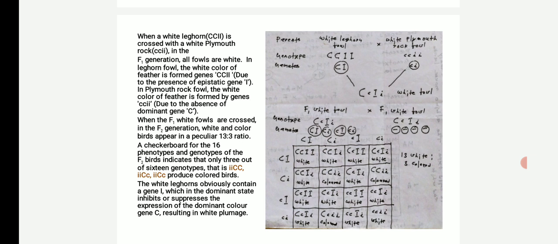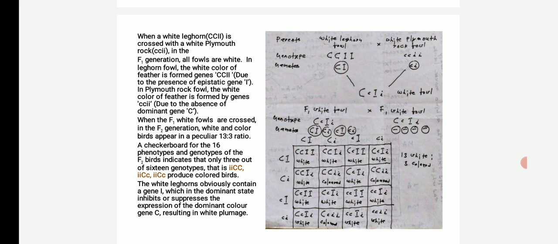In leghorn fowl, the white color of feather is formed because of genes capital C, capital I. In Plymouth Rock fowl, the white color of feather is formed by genes small c, small i.